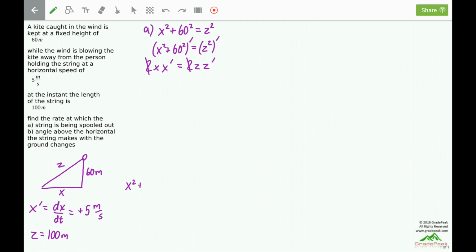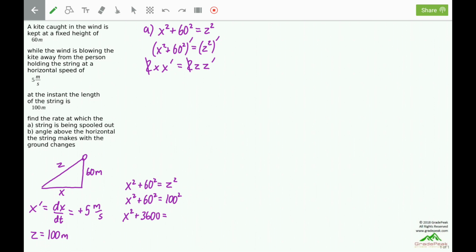So x squared plus 60 squared is equal to z squared, Pythagorean theorem on the triangle. x squared plus 60 squared equals 100 squared. 6 times 6 is 36, and the square of the 0 makes 2 zeros.